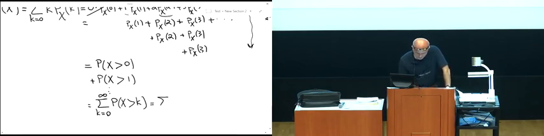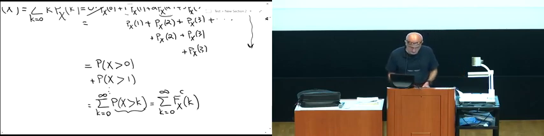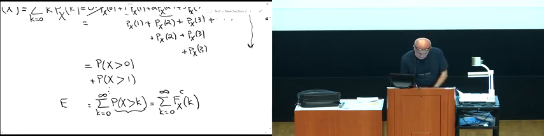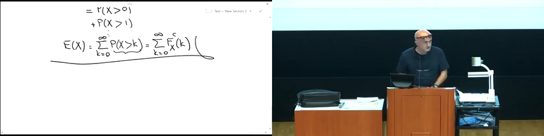And what is that by definition? You've already told me. We're done. That's the tail probability. So it's a way of expressing the mean of non-negative random variables.